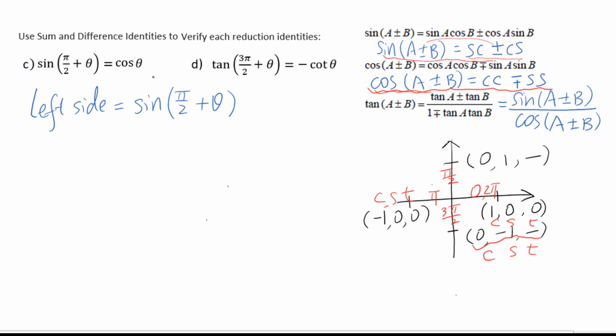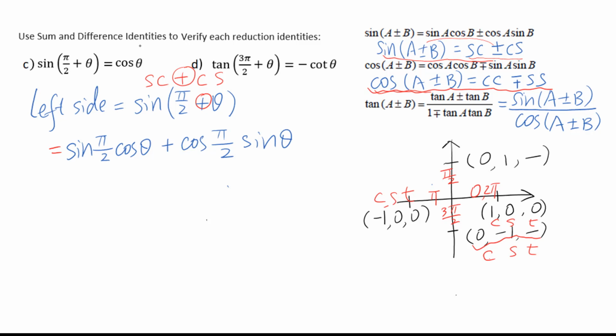So you have SC plus CS. The sign will be the same. We can write down sine pi over 2 cosine theta plus cosine pi over 2 sine theta.